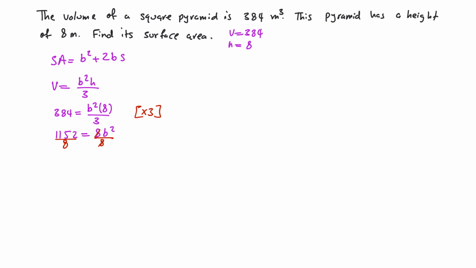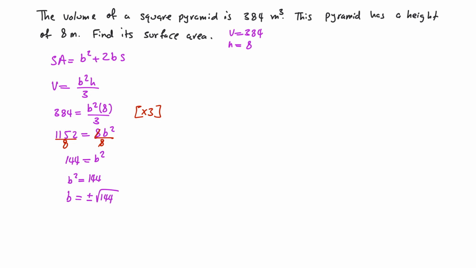And the 8s will cancel out, and 1152 divided by 8 gives me 144. That is equal to b squared. I'm just going to switch sides for better form and take the square root of both sides, plus or minus the square root of 144.